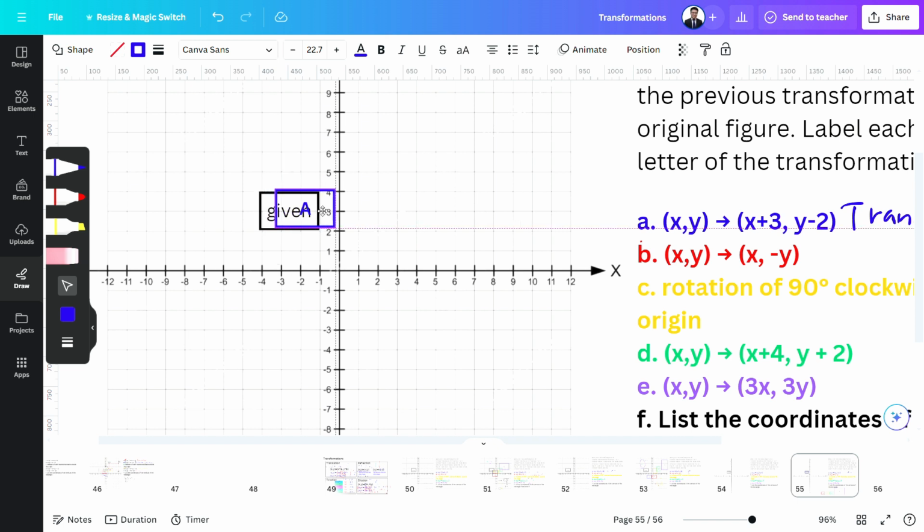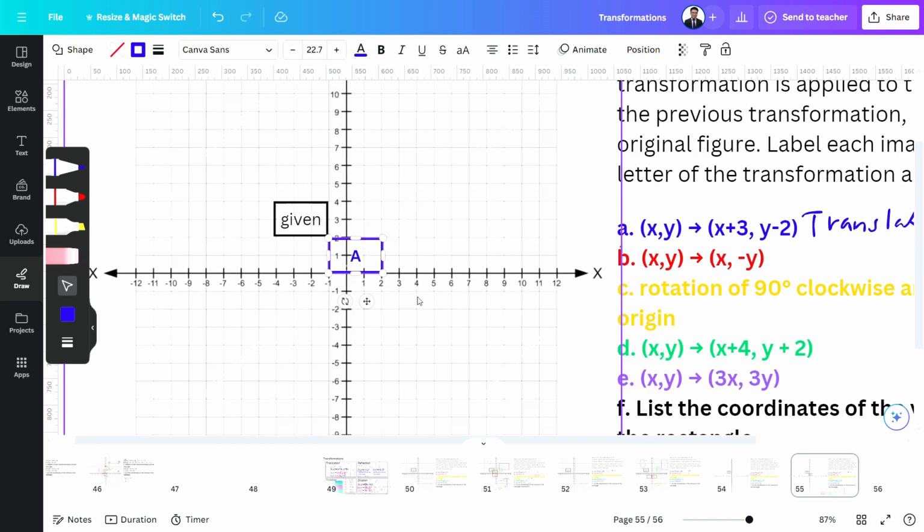So 1, 2, and 3. And then 2 units down. 1 and 2. Okay, I hope this one is clear. There you go. Now, that's it for letter A.